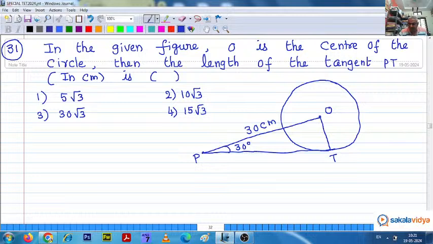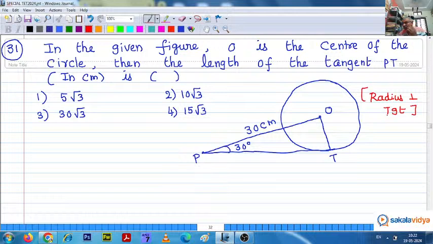So my dear students, here we have, for example, the tangent is perpendicular to the radius. This question was given in the previous TET examination. So that means the radius is always perpendicular to the tangent.